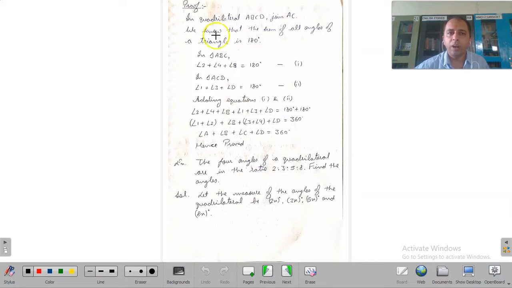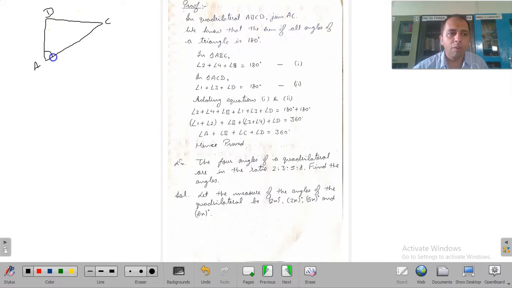So in quadrilateral ABCD, join AC, that we have seen. Now you have already done the property of a triangle, which is the angle sum property of a triangle. Say we have a triangle ACD, for example. Then what is the angle sum property of a triangle?